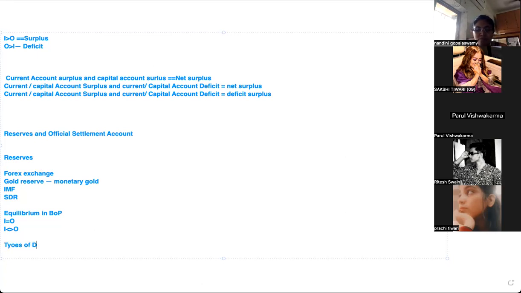Types of disequilibrium in BOP, causes of disequilibrium in BOP, and lastly measures to correct disequilibrium in BOP.